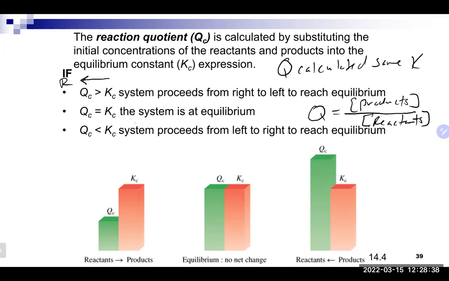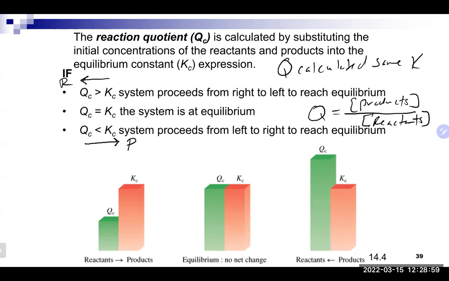If you calculate Q and it equals the K value, then you have a system that is at equilibrium at this point. And lastly, if you calculate Q and it is less than the K value, that tells you you are not at equilibrium. In order to reach equilibrium, you need to head towards the product side and make more products.